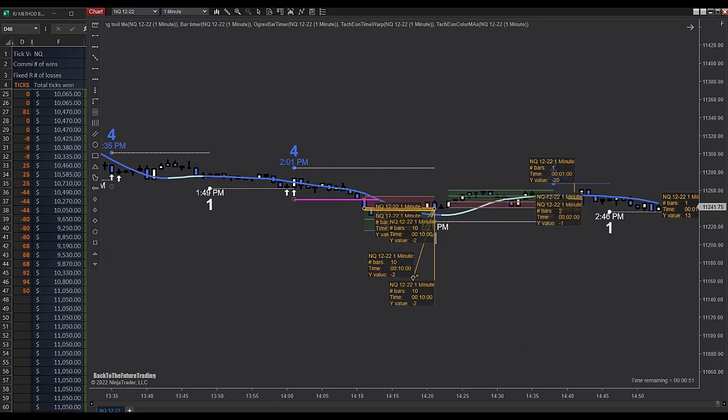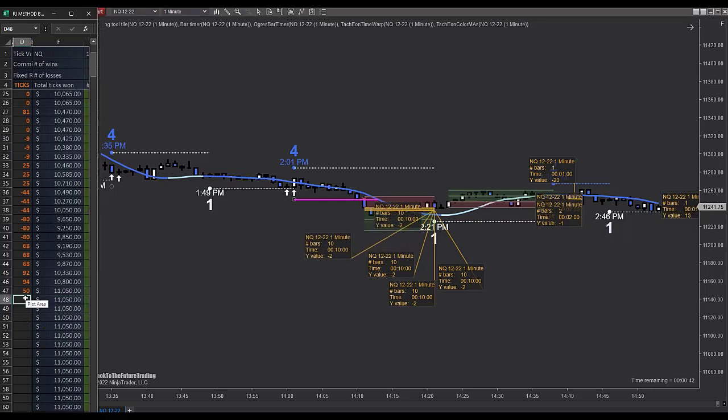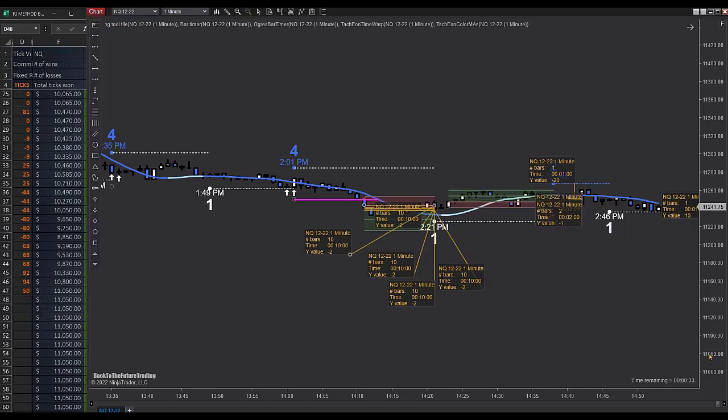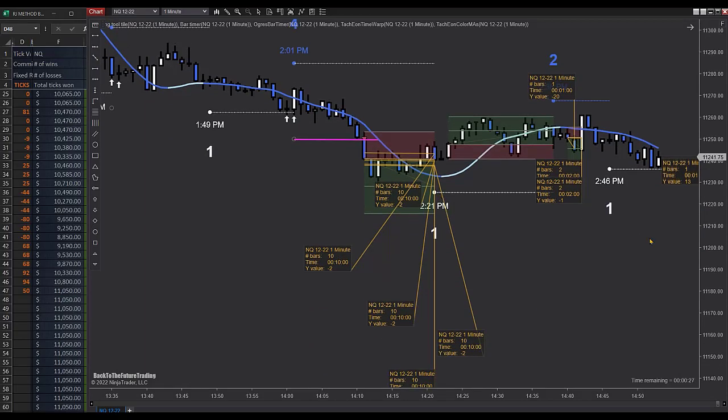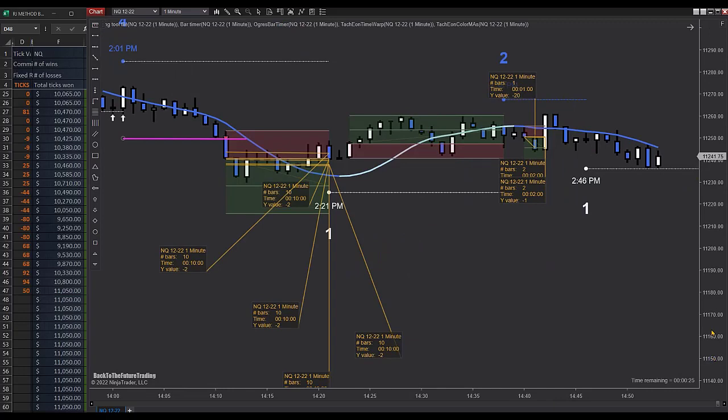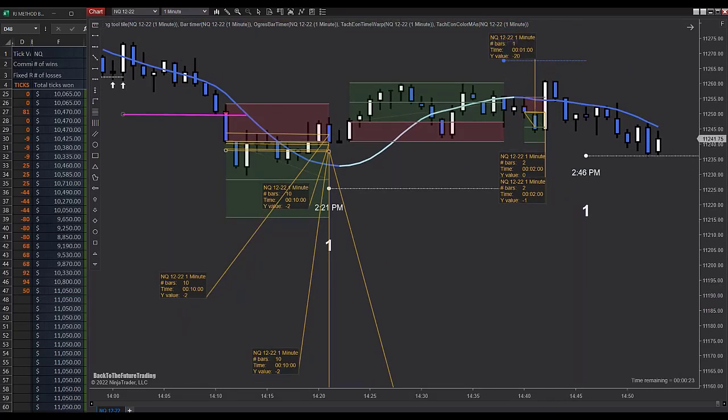What is this? Why is there so much going on here? Oh yeah, because this was that stop and reverse thing. So those are all break evens. 1, 2, 3. Wait, there should be. What did happen here? What did I do? What the heck is that there for?